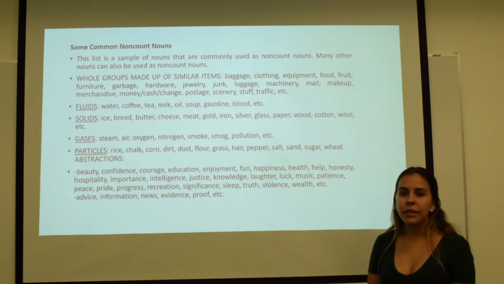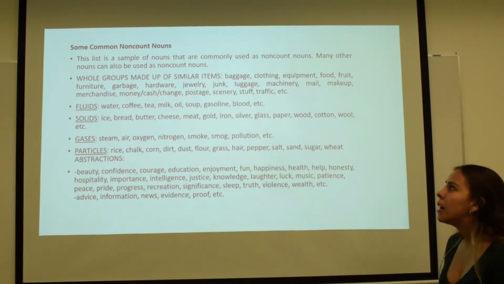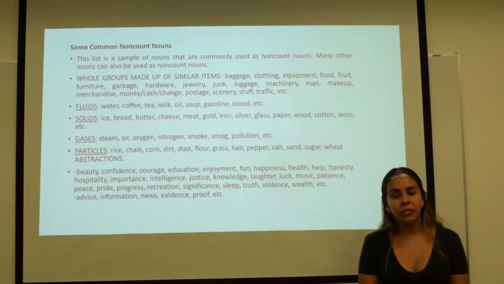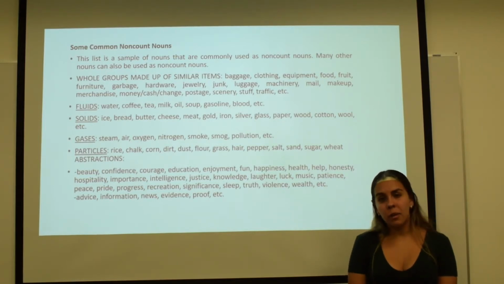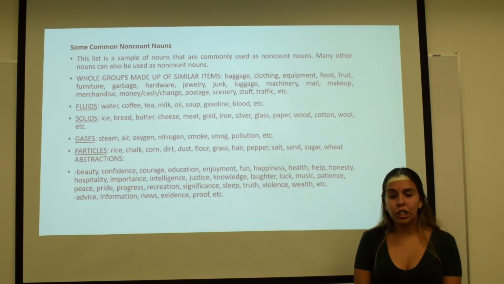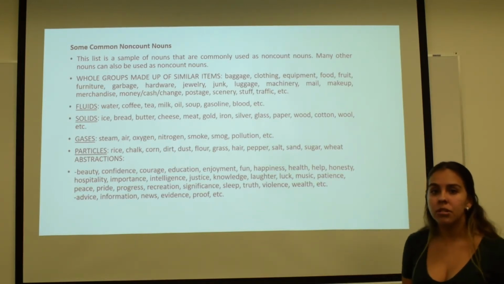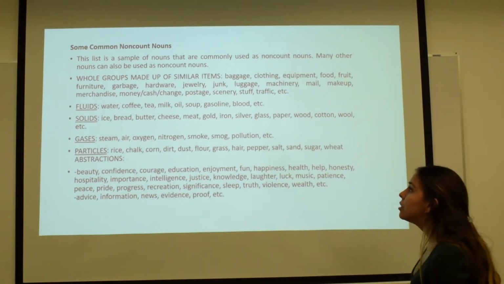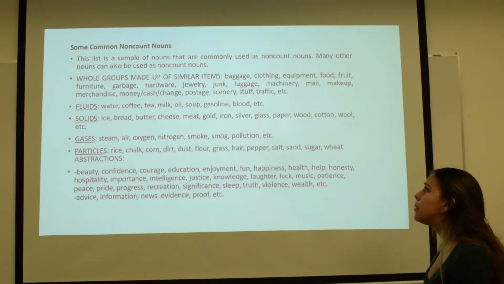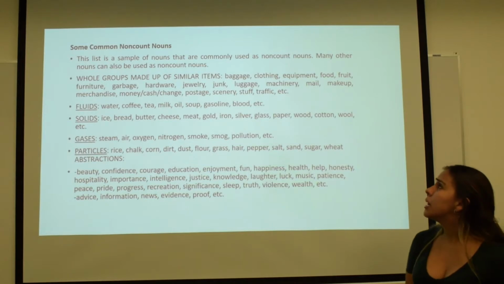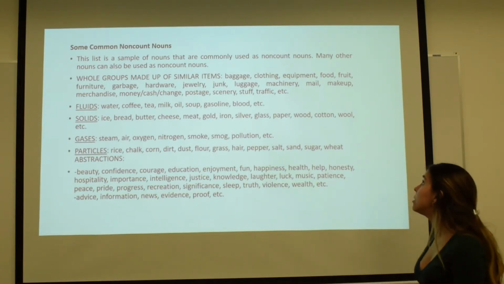Here I'm going to talk about some common non-count nouns. This topic is very wide, so there is no other option for us than to learn the list of non-count nouns, and it's extensive. This list is an example of nouns that are commonly used as non-count nouns.